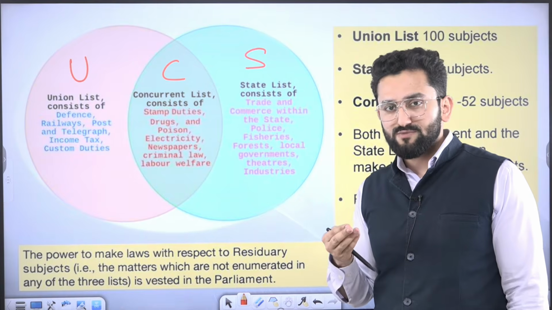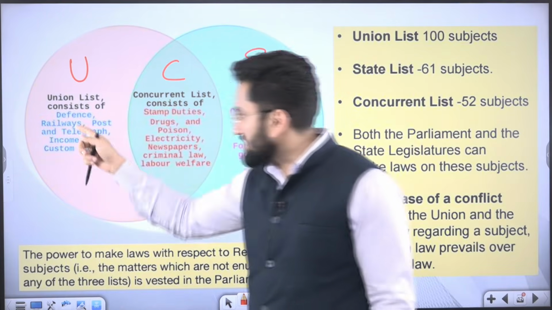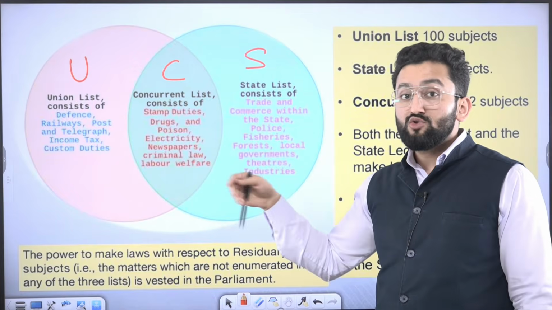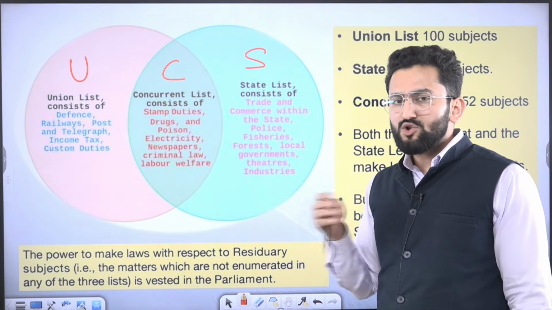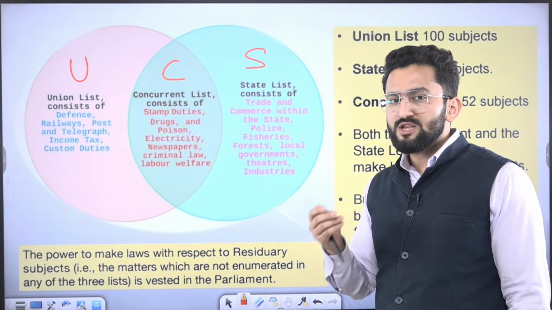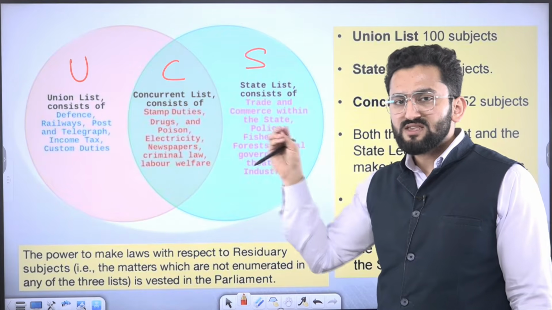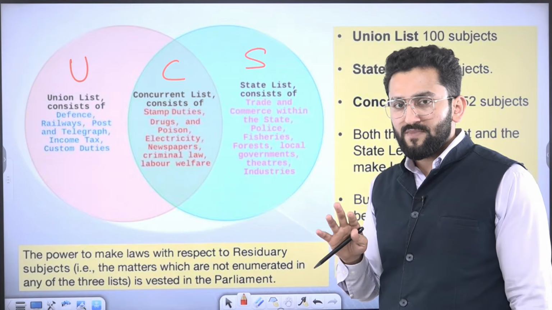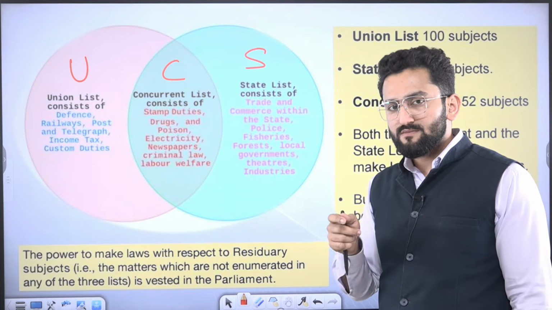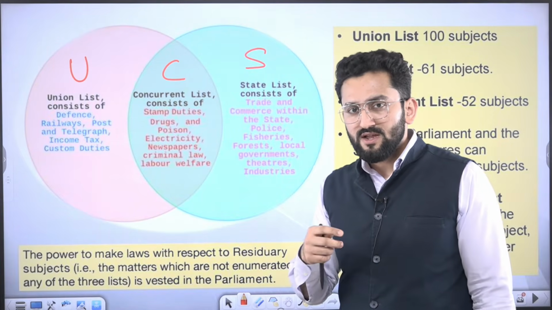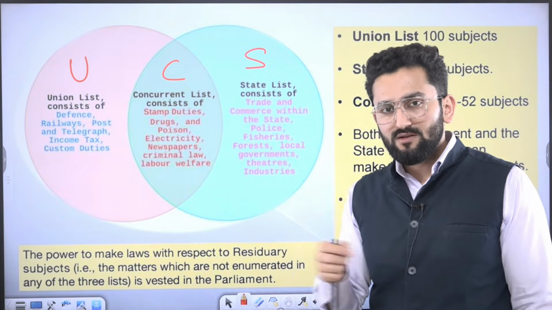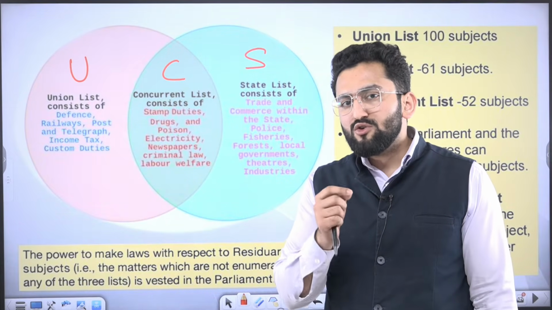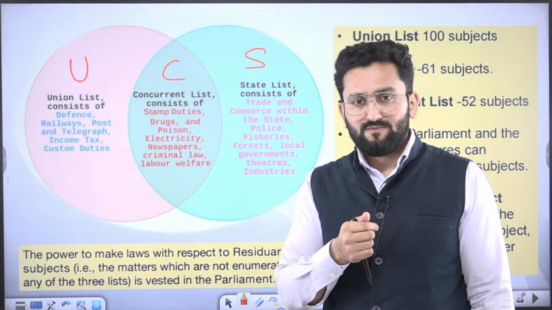What kind of questions can you expect? Just go through the subjects on which the union has power to make law. But don't think that UPSC wants you to remember all 100, 61 and 52 subjects mentioned here. No, there's no need. If a question is asked as match the following, or a statement saying this is a prerogative of the union, mentioned in the Union list, then UPSC might ask only about those subjects which were very much in the news.